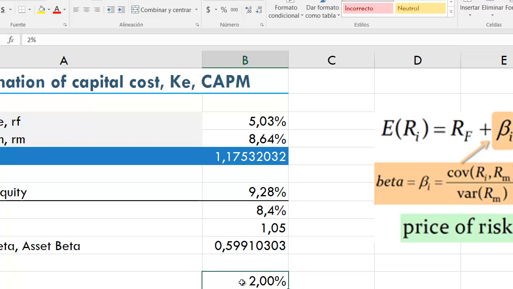It's possible. But if your company is in a very mature, long-existing industry, like for example soft drinks, Coca-Cola, Pepsi, all those types of companies, it would be more than optimistic to think it will grow at 2 or 3%.